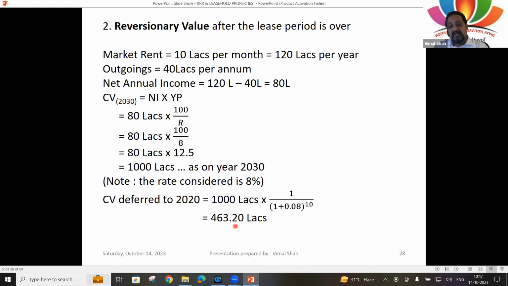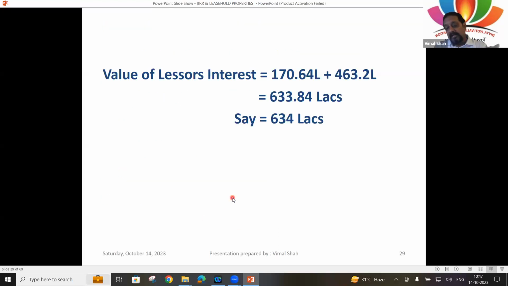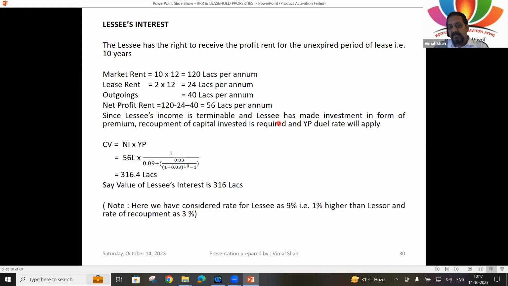So this is his second interest in the property. And then you can add both his interests and you can say this is the interest of the lessor in the property. Right? Same way, if you want to find out the lessee's interest.